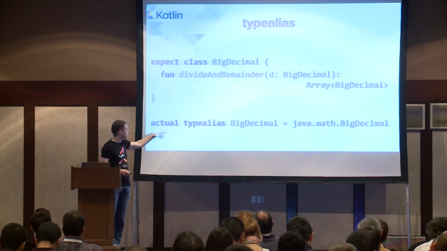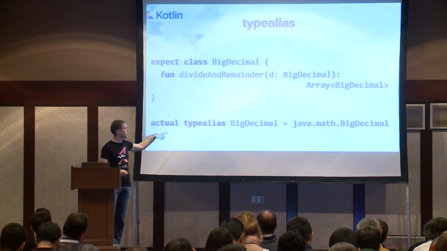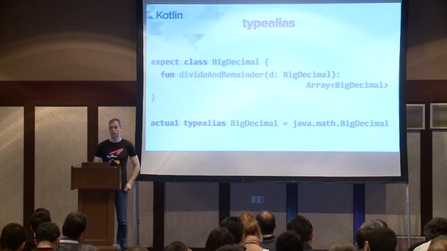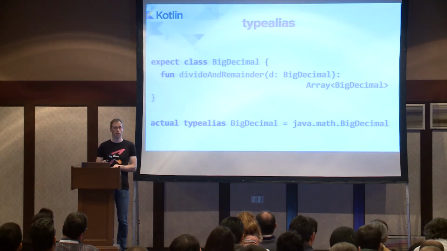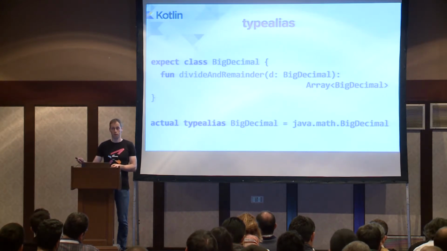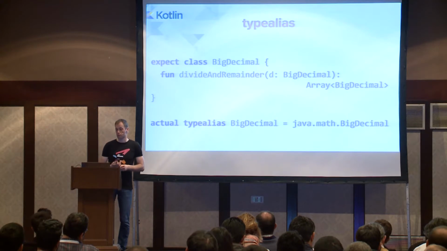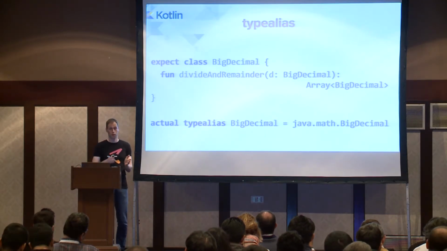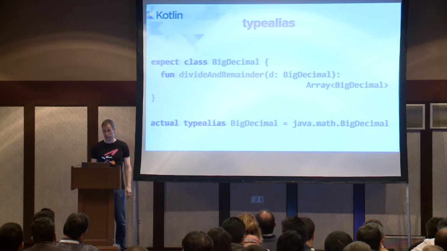You delegate this common BigDecimal class to Java Math BigDecimal, and you are ready to go. You only need to re-implement all the required methods from BigDecimal in the JavaScript platform-specific module. And then you will be able to use these on both platforms transparently.